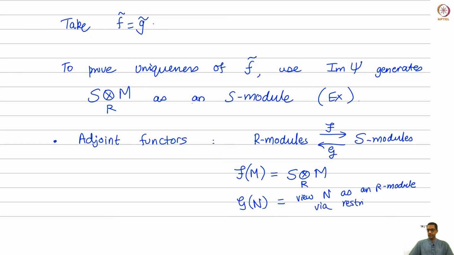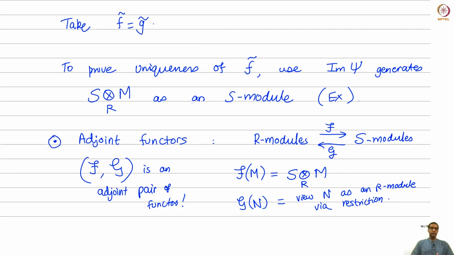So there is the extension functor and the restriction functor, and it turns out that these two are actually an adjoint pair. The extension comma restriction is an adjoint pair of functors. So they're both functors, and further they form an adjoint pair. This is something you might want to try and prove for yourself. That's really what the previous proposition says, that it exactly meets the definition of an adjoint pair.